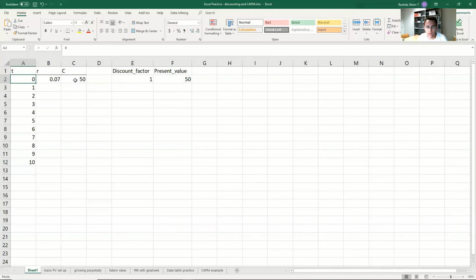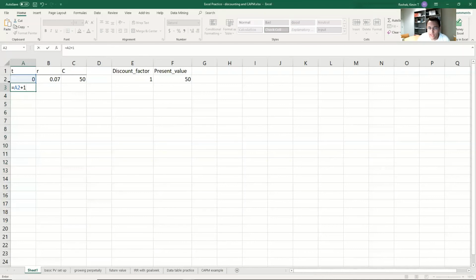So what trick can we use? We learned how to use formulas already. We saw that with the discount factor and present value. If we give Excel a formula, Excel will calculate it for us. So a useful formula, if we just want to add 1 to everything: I'm going to tell Excel, there's a formula here. Look in the previous cell. So I'm going to look in cell A2, and then I'm just going to add 1 to it.